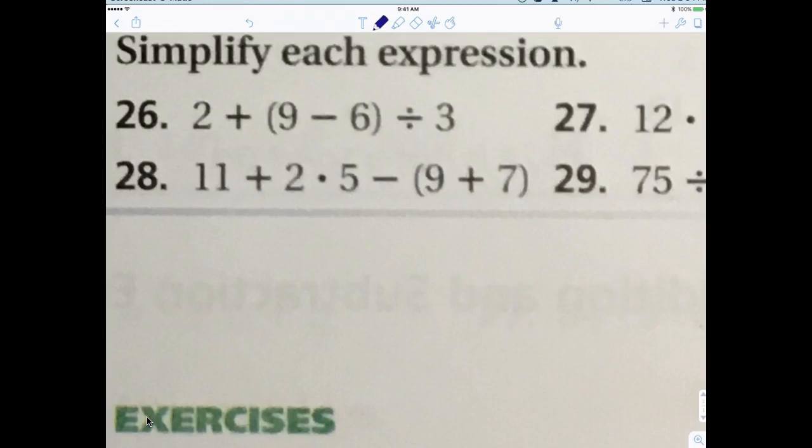Then what do I do? So now I have like 2 plus, wait a minute. Whoa, whoa, whoa. Order of operations now. Do I do addition first or do I do division first? Come on, Mr. Dan, you got to get that. You hear me? So what do I do now? Which is beautiful. Nice.